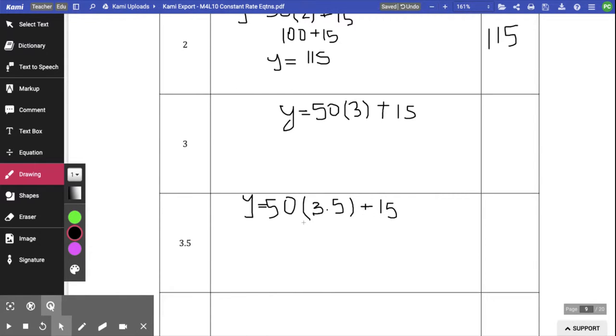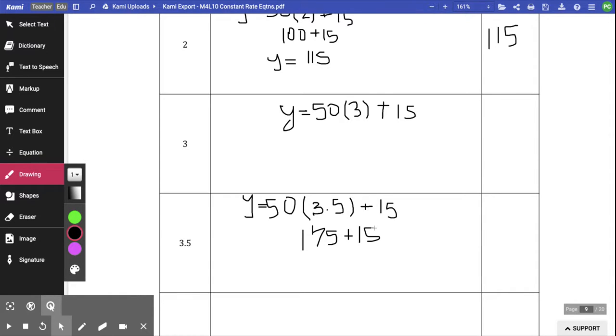So I'm going to get my phone's calculator, and I'm going to do 50 times 3.5, and that's 175. And then I'm going to bring down the plus 15, and I want to add those all together.